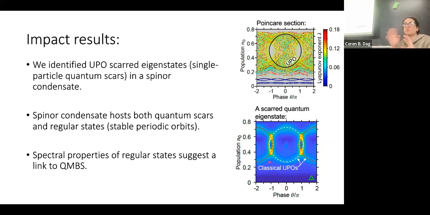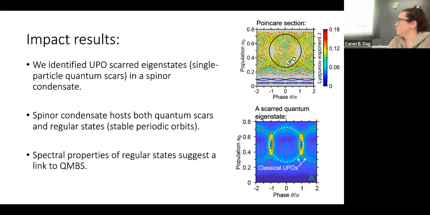So it has a sweet spot between a single particle and a many-body system that actually helps us to see these connections better. It's a very interesting question. If you take a single particle system with a quantum scar and extend that to many body, do you get a QMBS, a quantum many-body scar? That's exactly the question that we've been asking here.